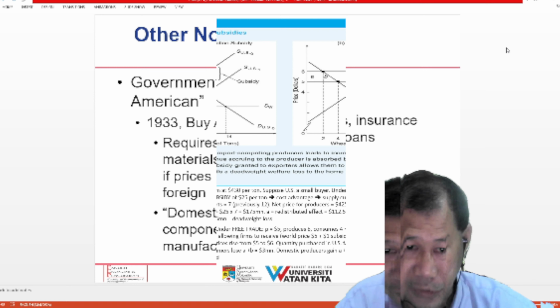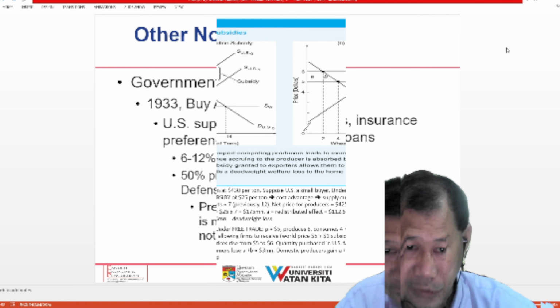The 1933 Buy American Act gives priority to American products. It requires federal agencies to purchase materials and products from US suppliers if the price is not unreasonably higher than foreign. The domestic product must have 50% domestic component content and be USA manufactured. That was 1933.